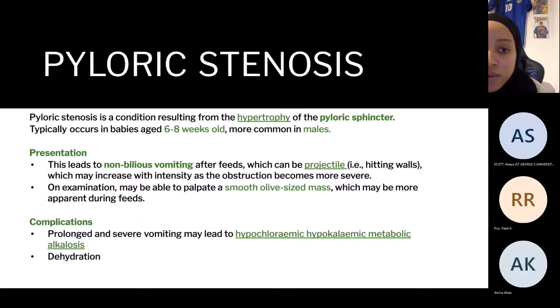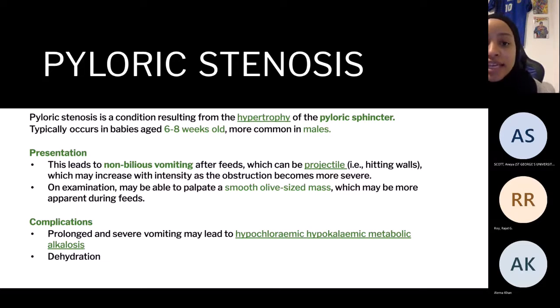They usually present with non-bilious vomiting, so there's no bile, and it's projectile. The parents will usually come in and say the vomit hits the wall, or it flies across the room.